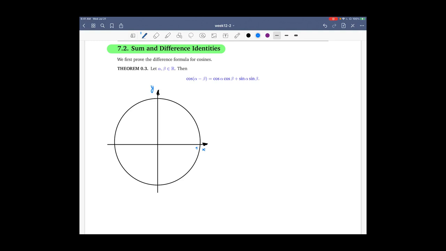And in my picture, both angles alpha and beta will be in the first quadrant, although that's of course not necessary and the explanation remains valid, even if alpha and beta are not in the first quadrant.